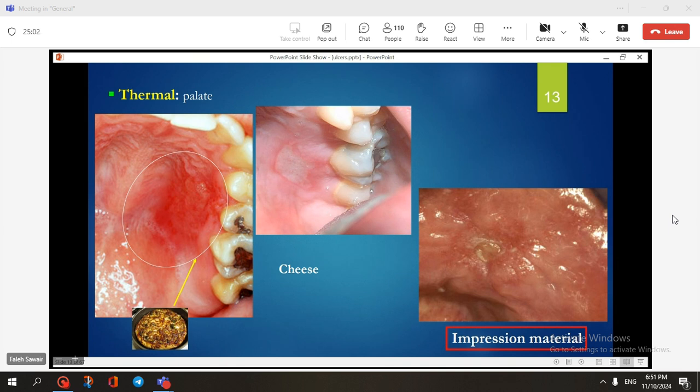It will be like redness and erythema in the palate, as with cheese, for example, or whatever food is taken in a hot condition. Also, some impression materials are hot, particularly in prosthetic dentistry, and they may cause oral ulceration.